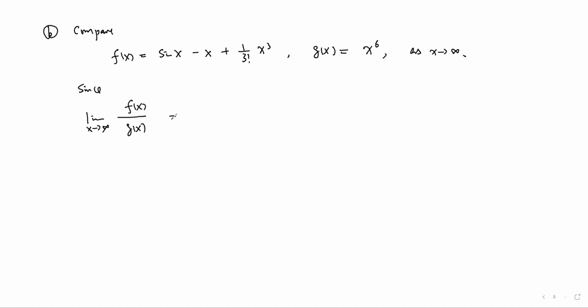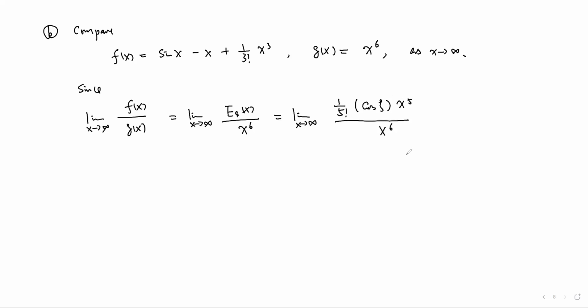Function f is e^(4x), function g is x to the 6th. Then the ratio is e^(4x) over x to the 6th, which is 1 over 5 factorial, cosine of some point psi, x to the 5th, then over x to the 6th.